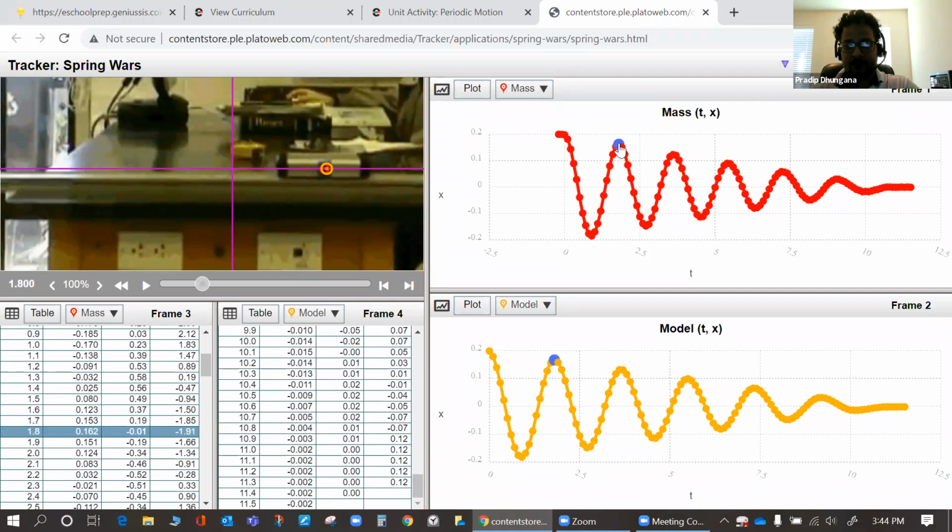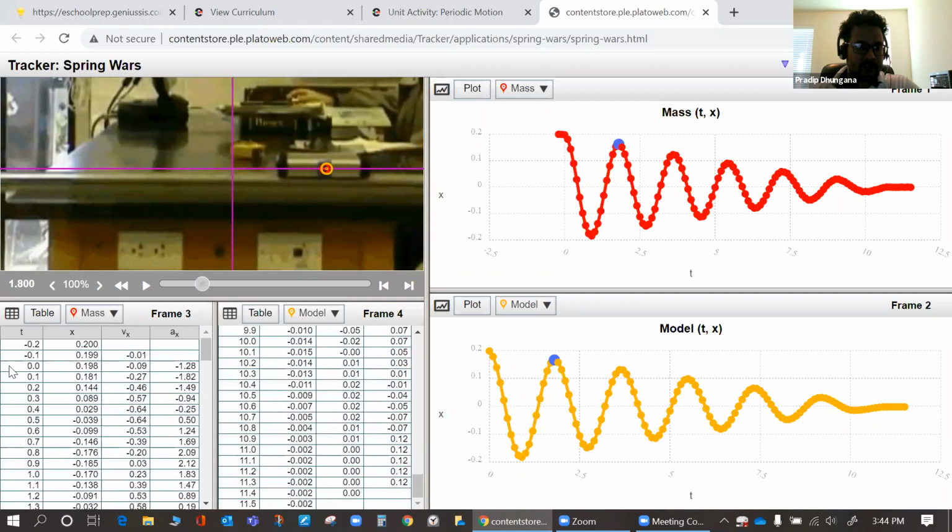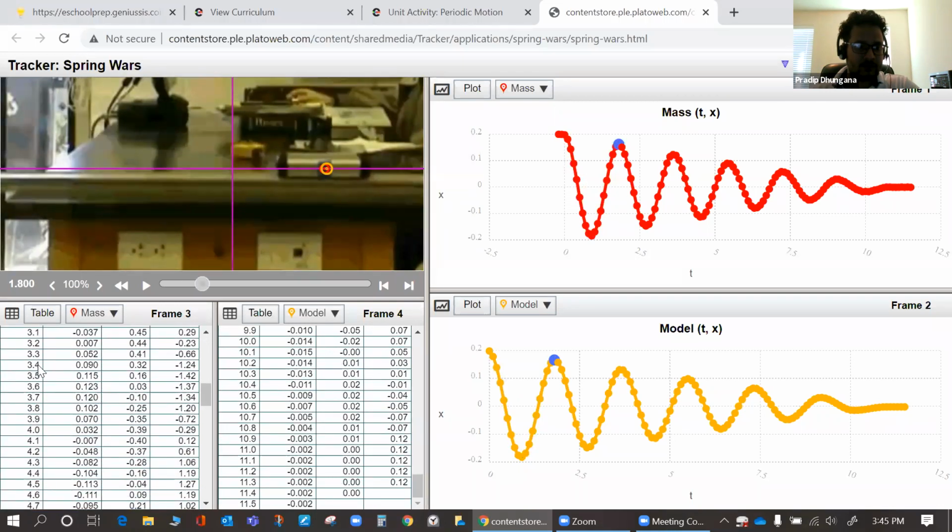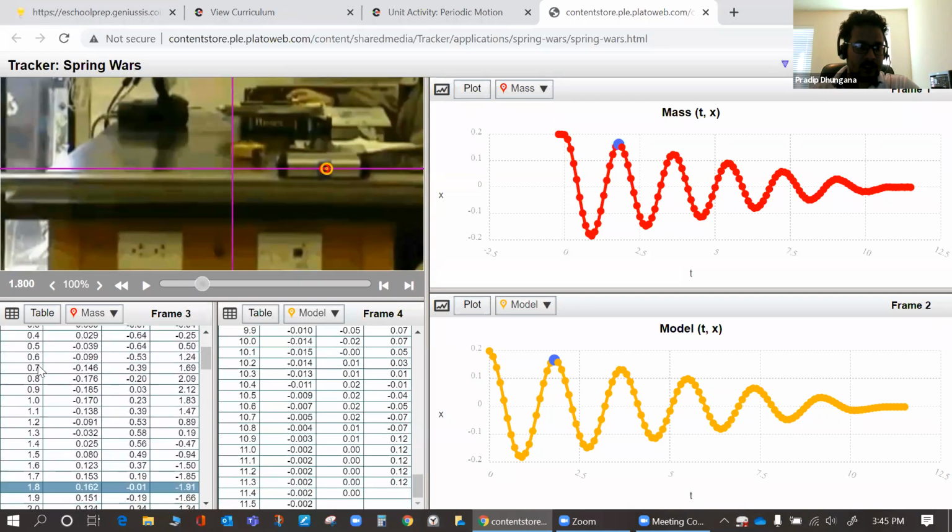That time interval in which it completes one oscillation is called time period. We can see here it's around 1.8 seconds. So it begins with 0 second, and then in 1.8 second it completes one oscillation. That means time period is around 1.8 seconds.